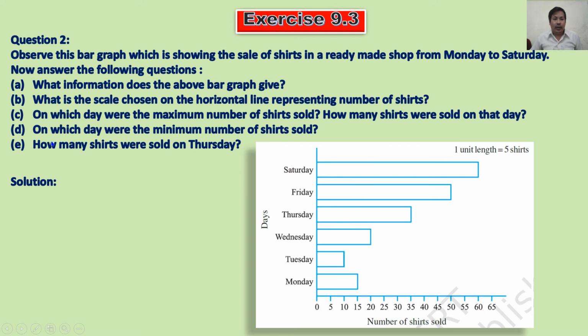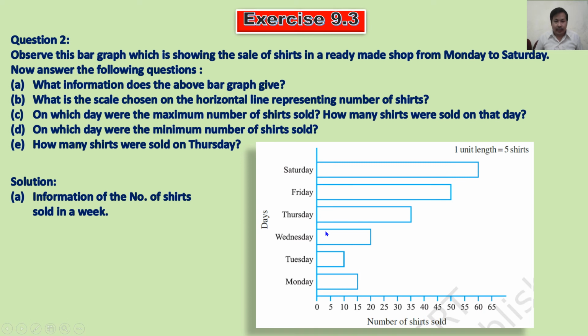Now let us start giving the answers. A, what information does the above bar graph give? The information of the bar graph is the number of shirts sold in a week. The graph shows how many shirts were sold in the week.